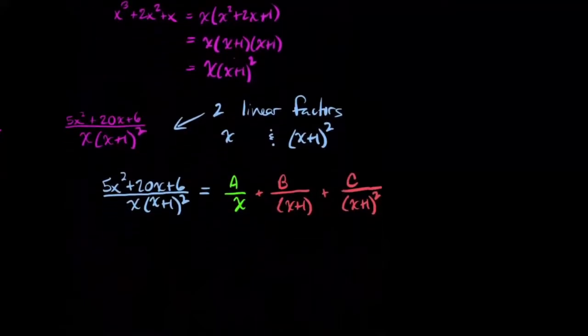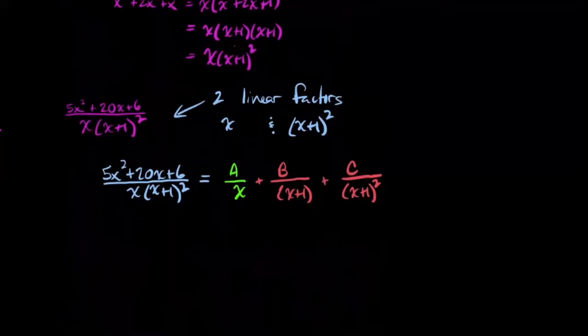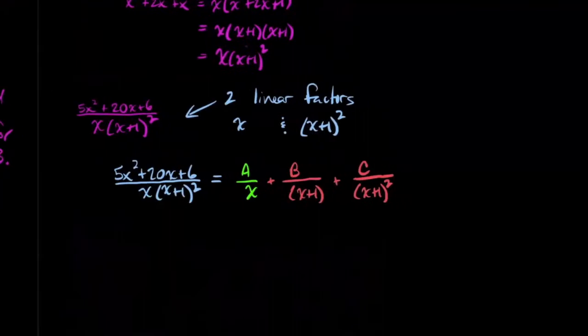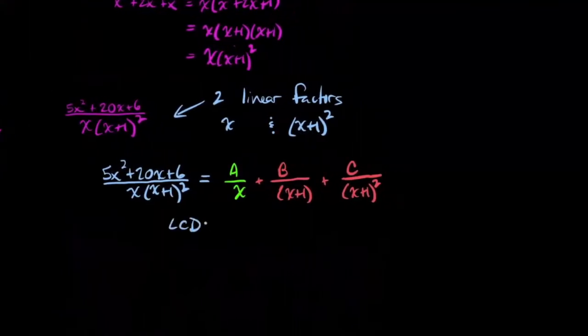Okay, so we need to figure out a way that we can solve for a, b, and c. And to do that, we're going to, again, multiply by the least common denominator and see what happens. So in this case, the least common denominator is x times x plus 1 squared, the one that we're trying to turn this into.